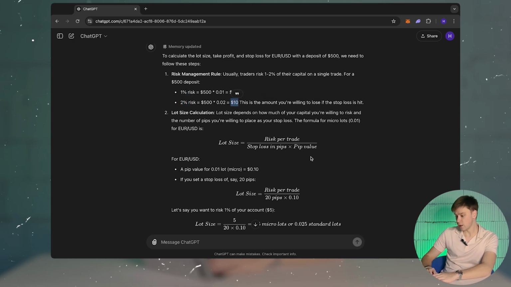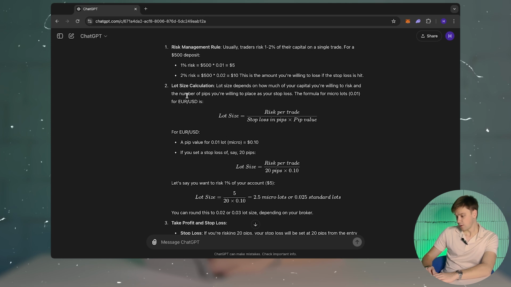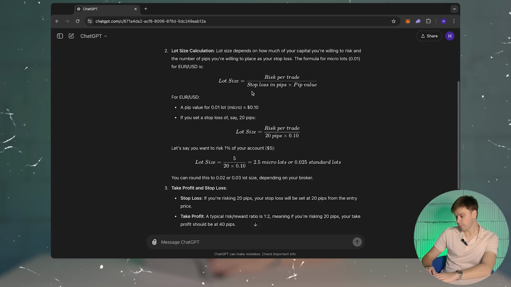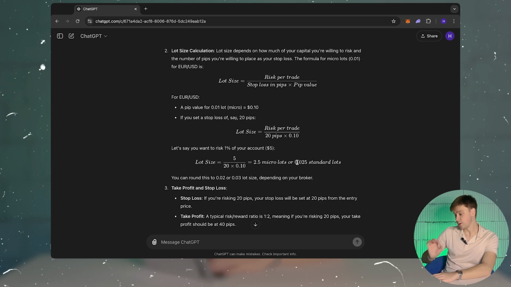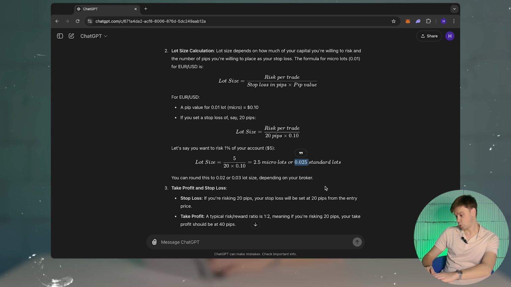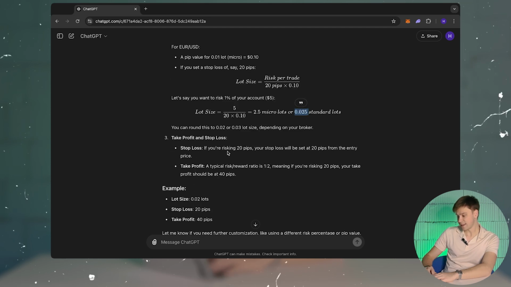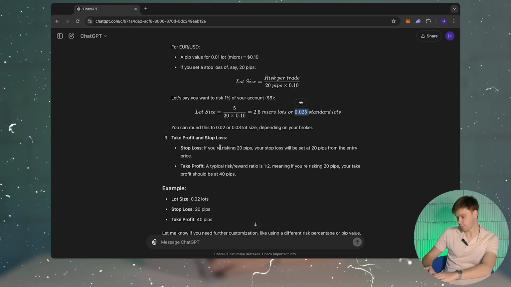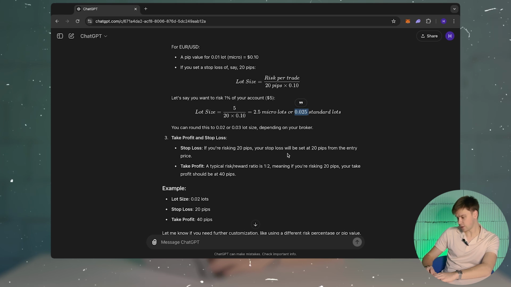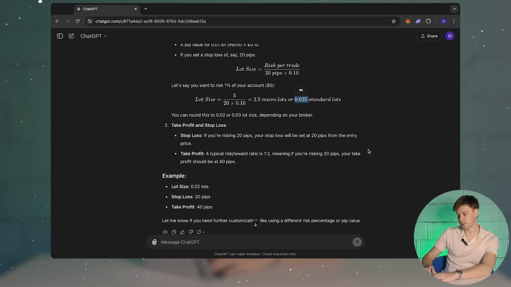All right. Lot size. Following all the calculations, we have 0.025 standard lots, which is fine for our deposit. Stop loss is 20 pips and take profit also from 20 to 40 pips.